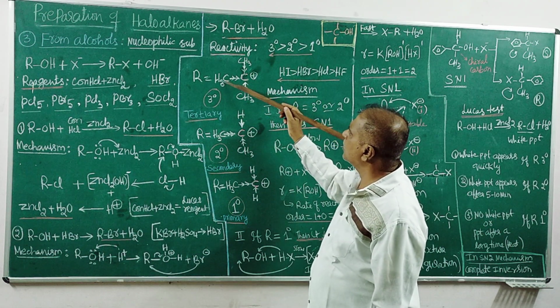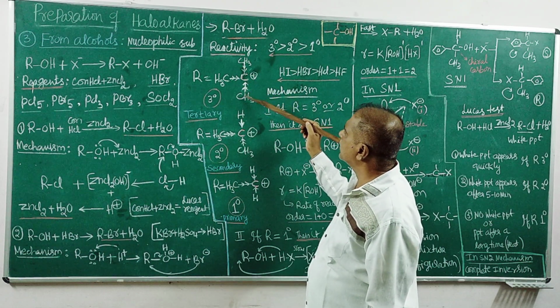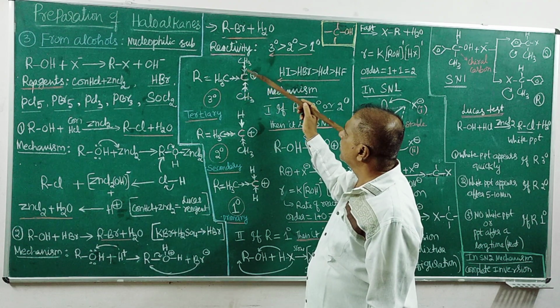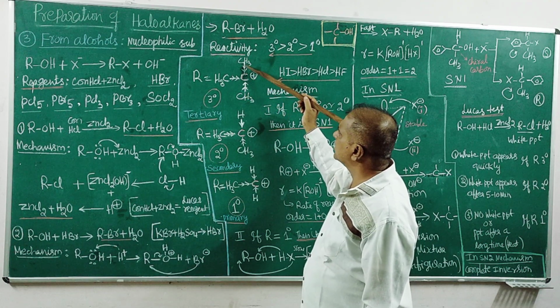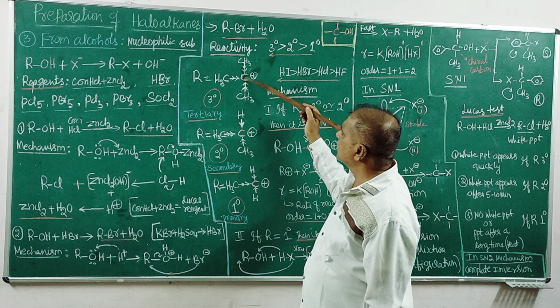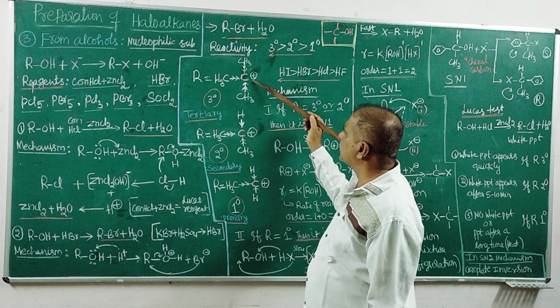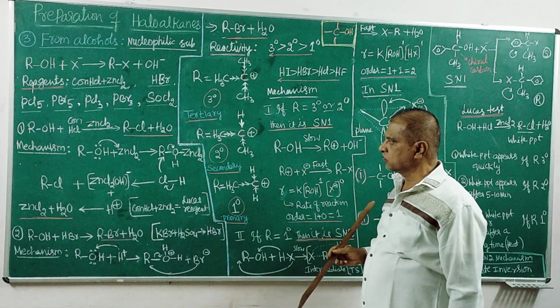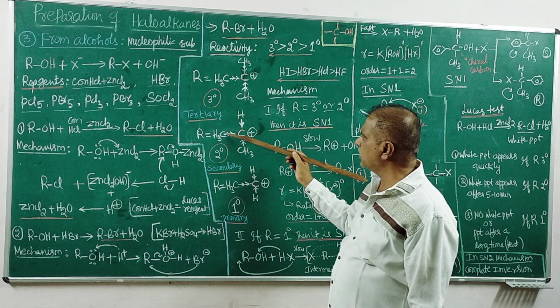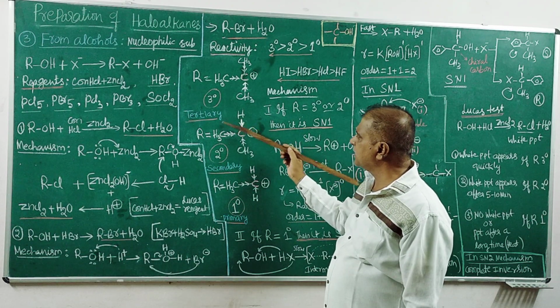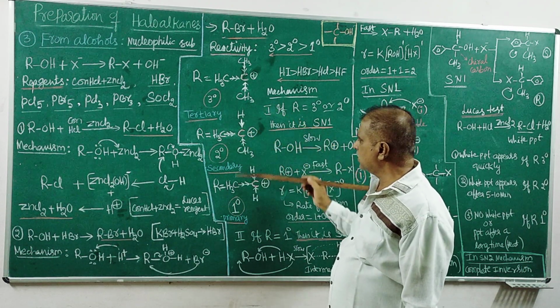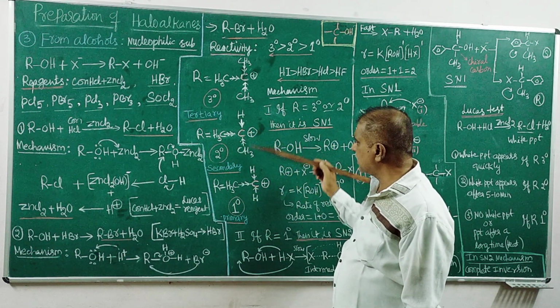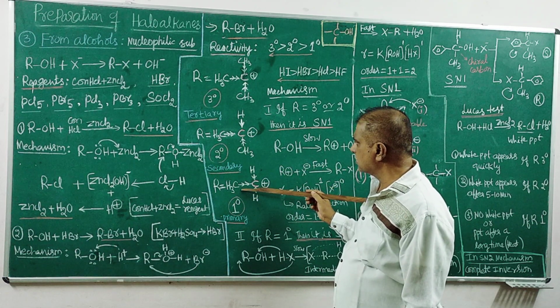So overall, with three carbons there is more inductive effect, pushing the electrons closer, so the positive charge can be stabilized much more on the carbon atom. Here, with two carbons but one hydrogen, the stability is less than this. Here the stability is even less, with two hydrogens.